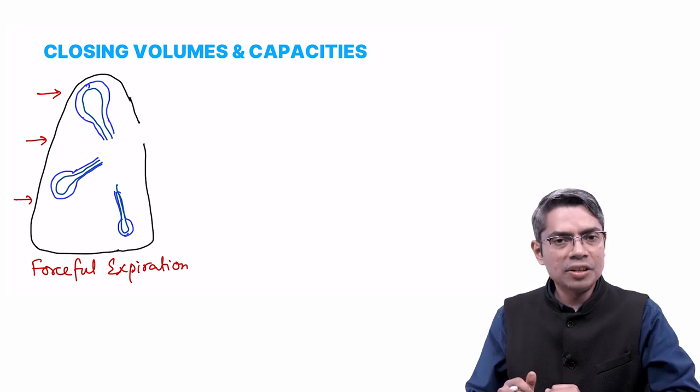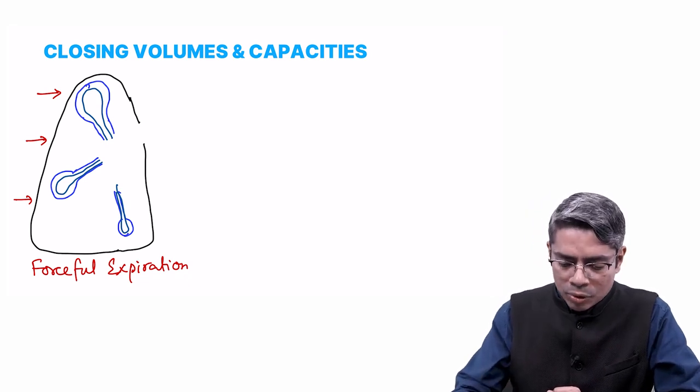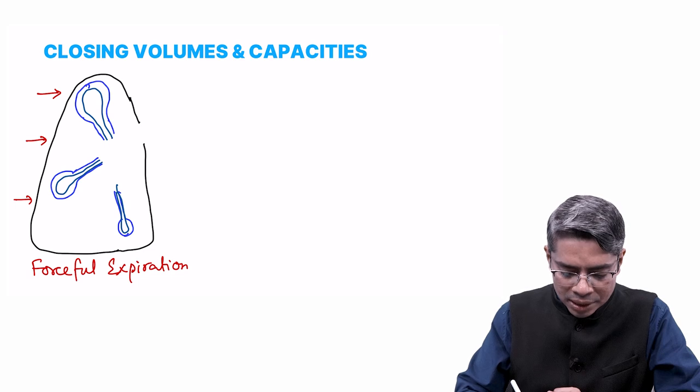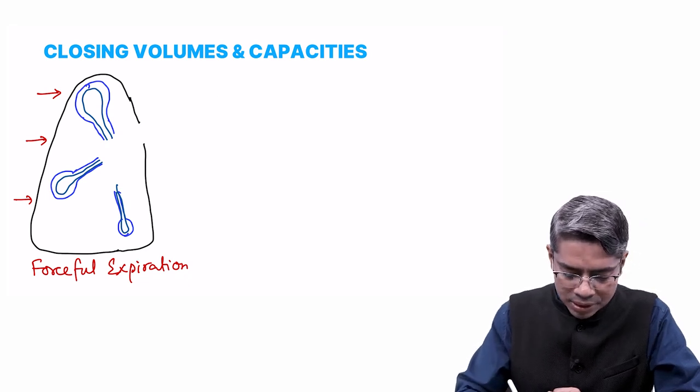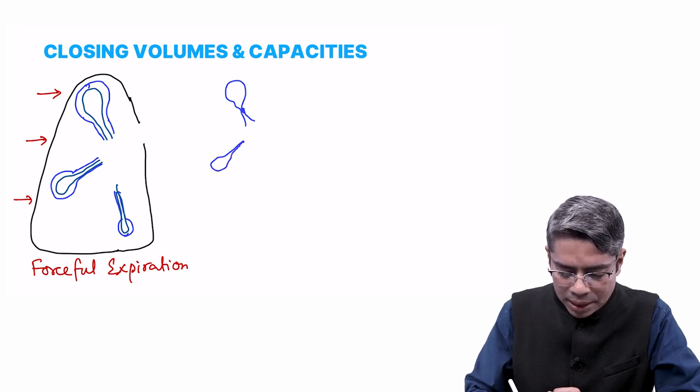One condition will be reached where almost all the alveoli in the lung, suppose this is the apical alveoli, this will also be closed. Okay. The middle part alveoli will also get closed, and the basal alveoli will also get closed. Getting my point what I am saying?